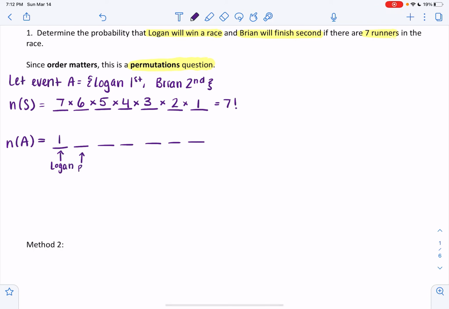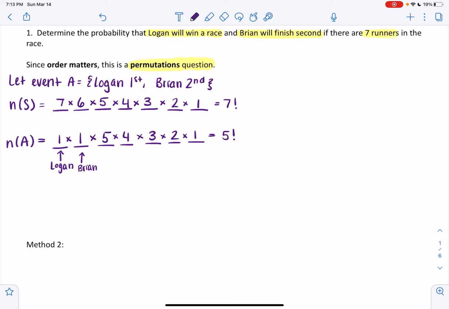Then we must have Brian in second here. Only one way to do that. Now, for the third place spot, we have 5 different people who could get third, then 4 different people who could get fourth, and so on and so forth. Now, just like before, we need a first place winner and a second place and a third, so we multiply, and that will give us 5 factorial.